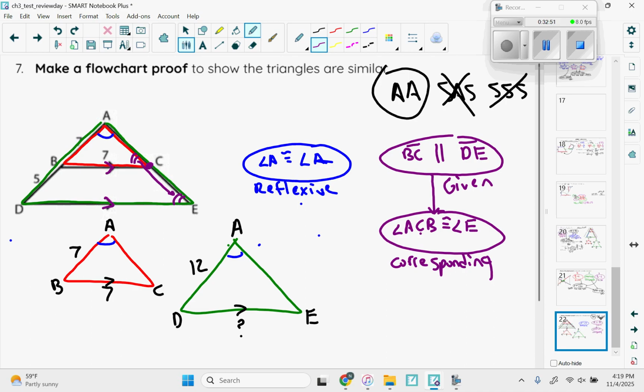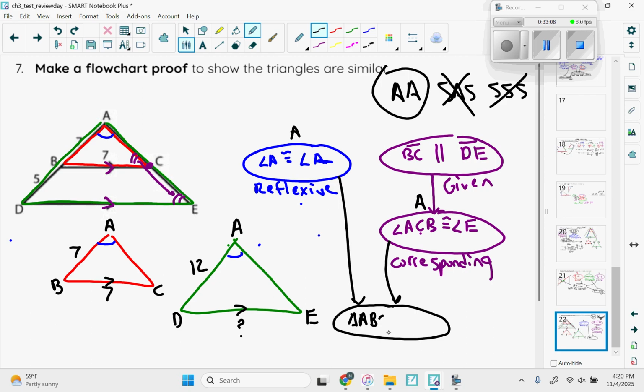Again, those are corresponding angles. I have my two angle bubbles completed, which means I can now say they are similar. Triangle ABC is similar to triangle ADE because of angle, angle similarity.